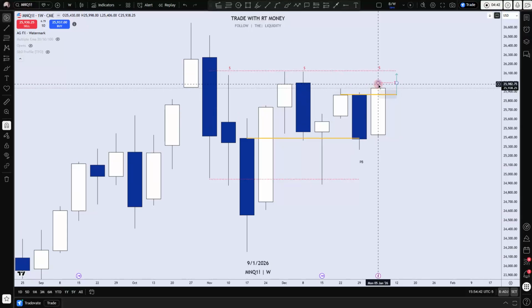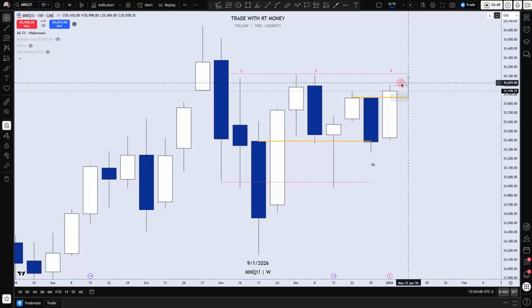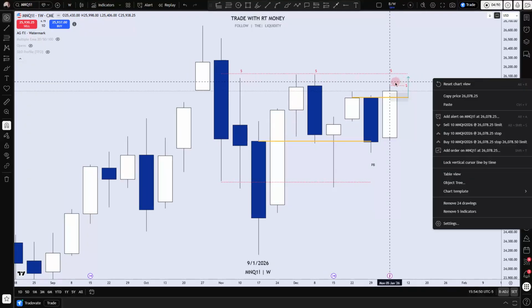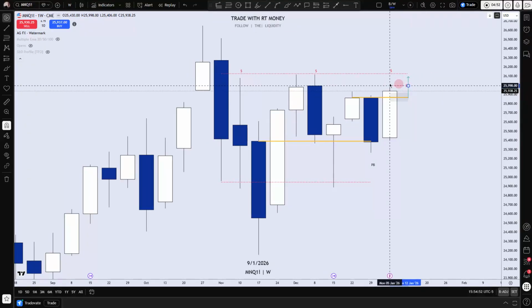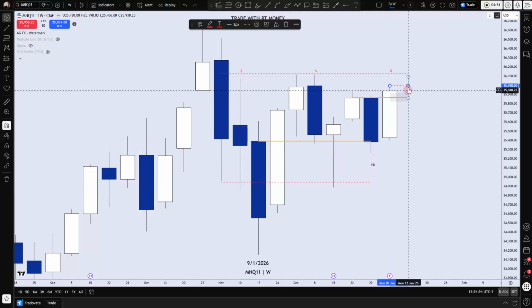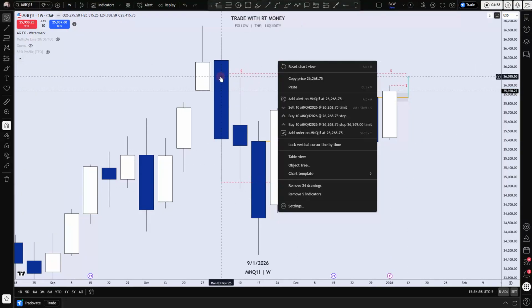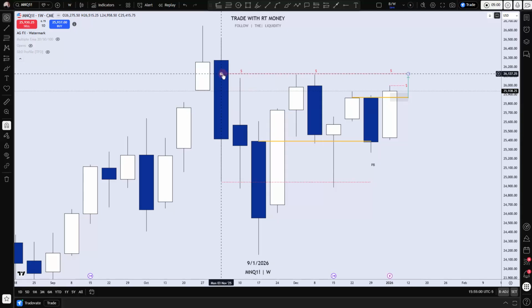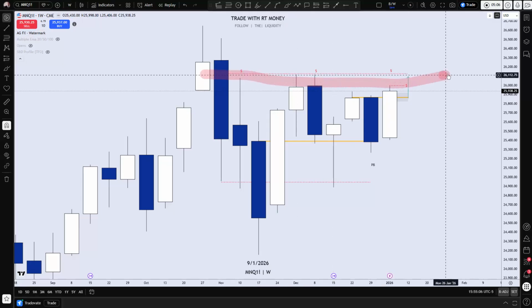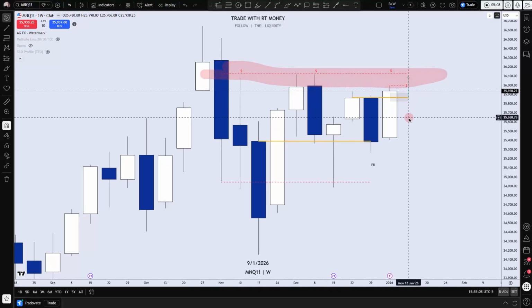That would indicate that the next candle should be trading at the very least towards this high, and probably to the draw on liquidity up here. So we should be trading up towards here.